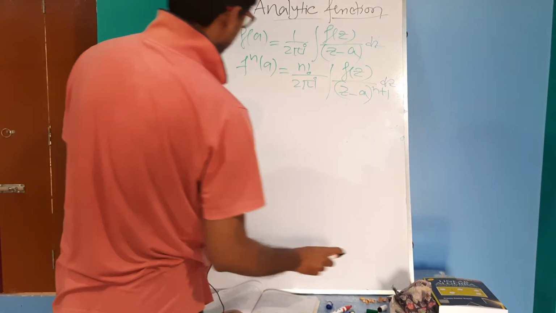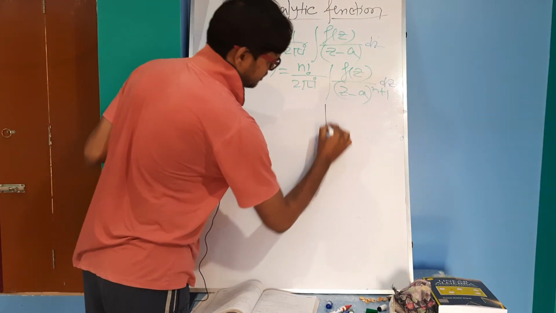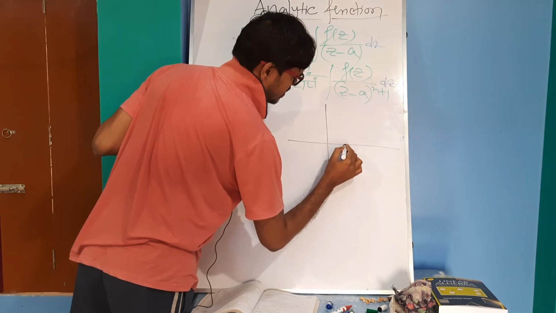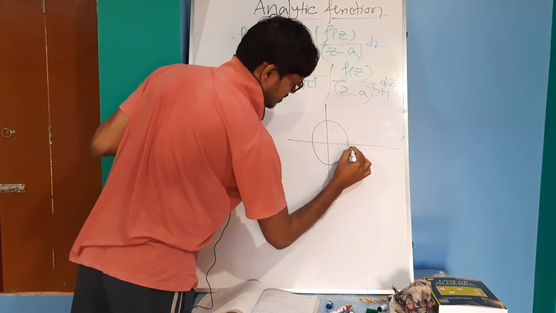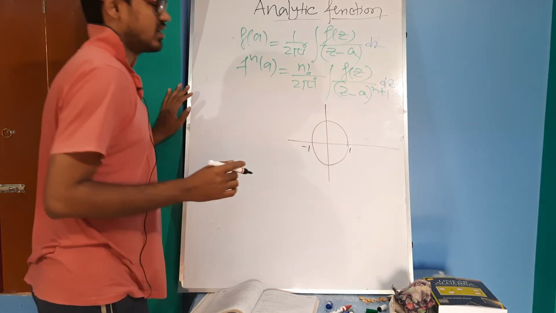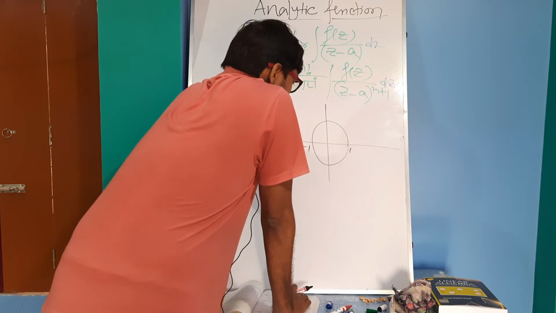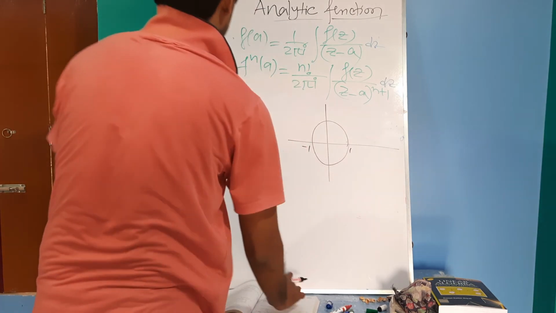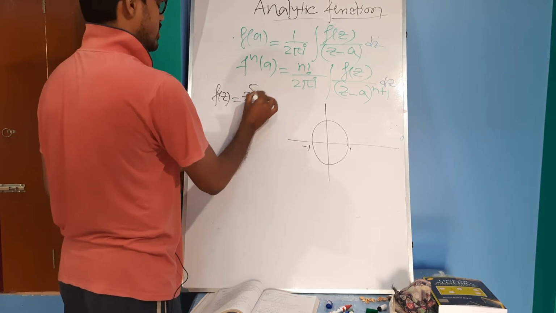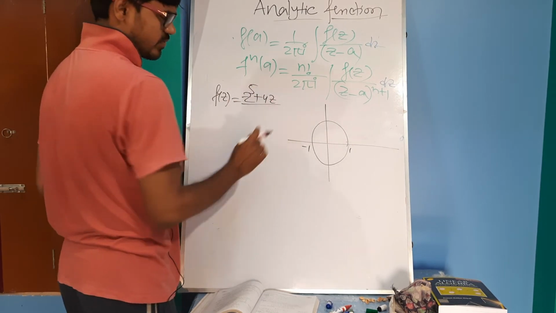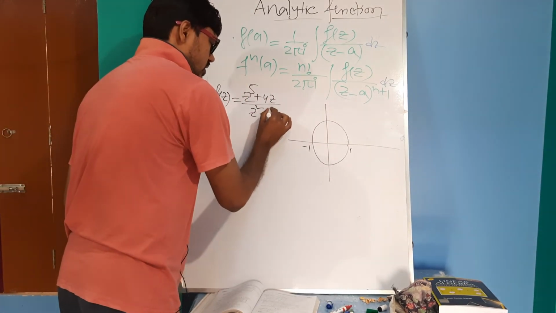First one, so just take a circle, and this is 1 and this is minus 1. Consider a function f of z equal to z to the power 5 plus 4z. It is a polynomial function, so it will be analytic, and take z square minus 1.